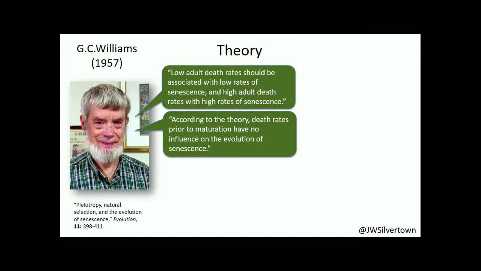And he says, according to the theory, that death rates prior to maturation, so what happens before puberty, if you like, has no influence on the evolution of senescence. From about 1992, this has come to be called extrinsic mortality. So from here on, I'm going to describe this hypothesis as the extrinsic mortality hypothesis.